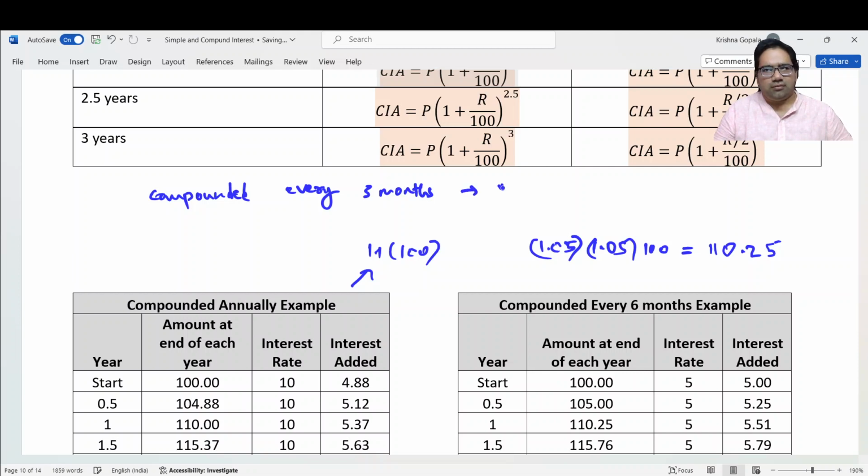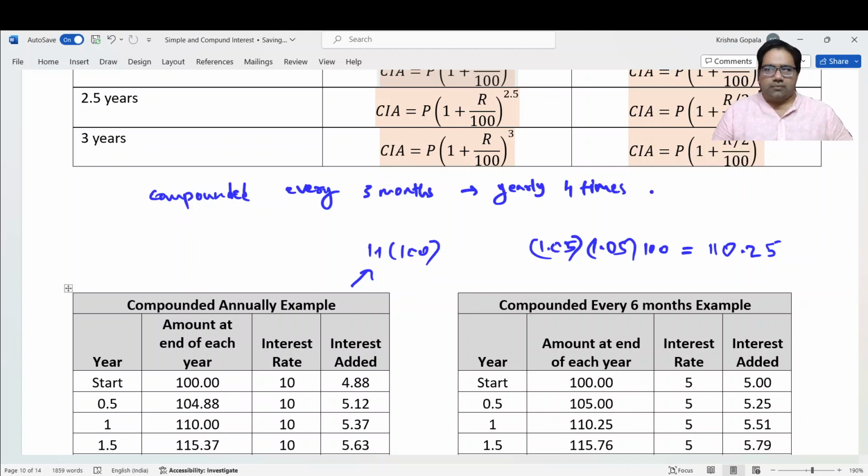That means four times yearly, because there are four 3-month periods. For 6 months, there are two 6-month periods; for 3 months, there are four 3-month periods.